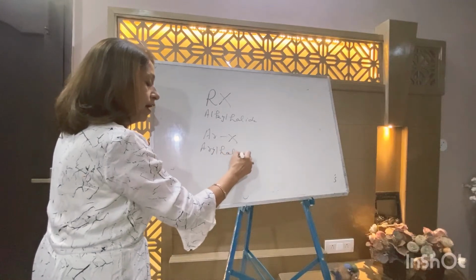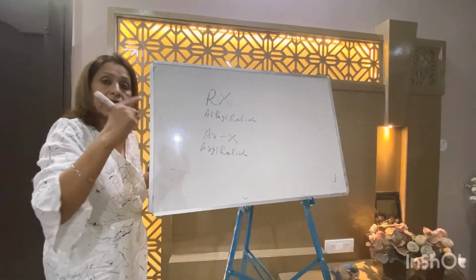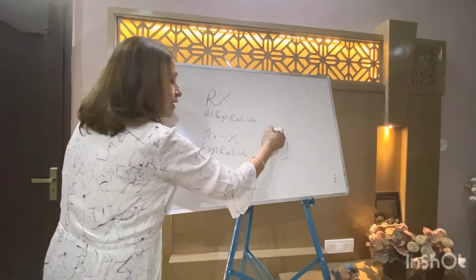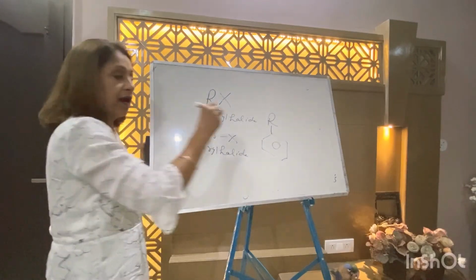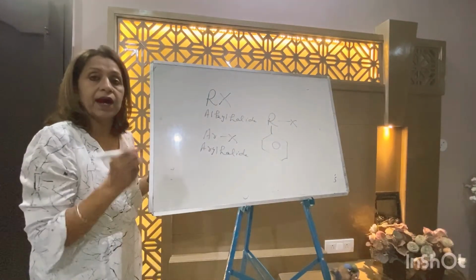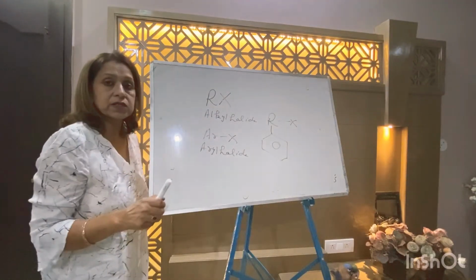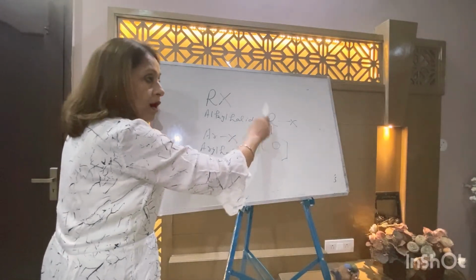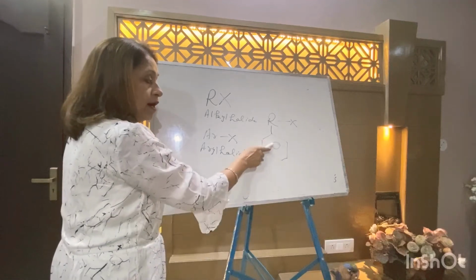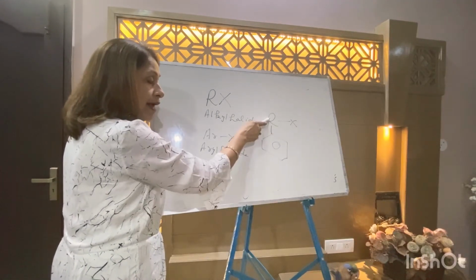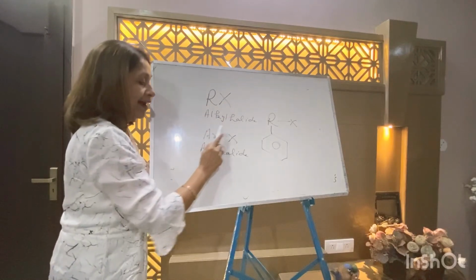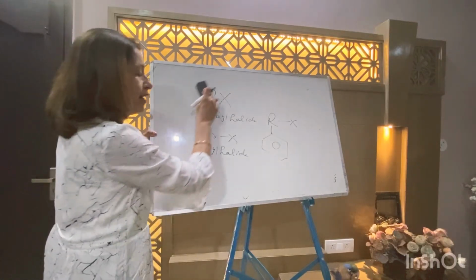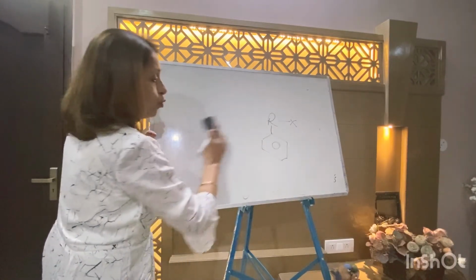There is a 3rd category, aromatic alkyl halide. When benzene is linked with an aliphatic carbon, which is then linked with a functional group, it is called aromatic alkyl halide. In alkyl halide, we studied benzoyl halide, benzyl and benzo.